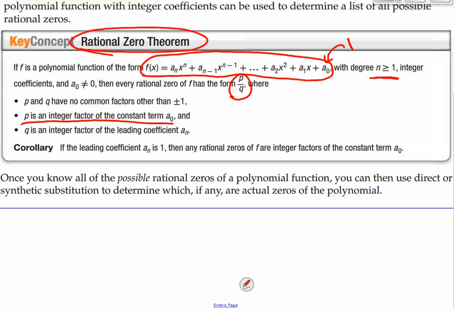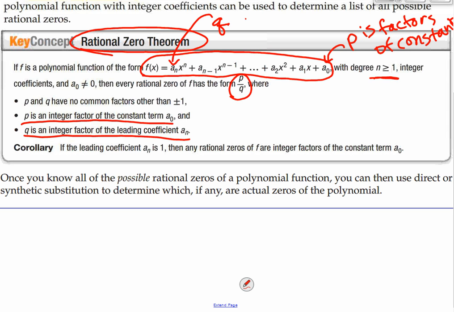So P is the factors of the constant. And Q is the integer factors of the leading coefficient. So Q is the factors of the leading coefficient. And make sure you're ignoring the x part, x to the 4th or whatever it happens to be.